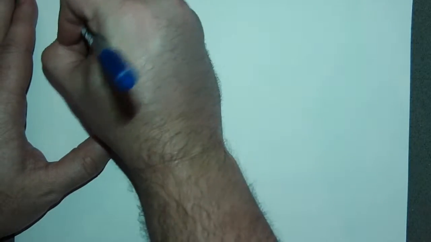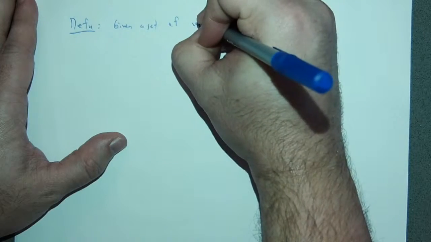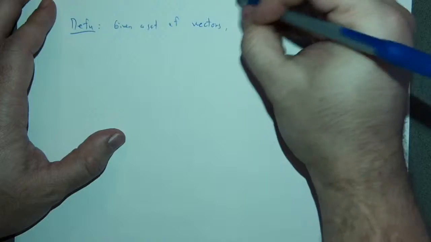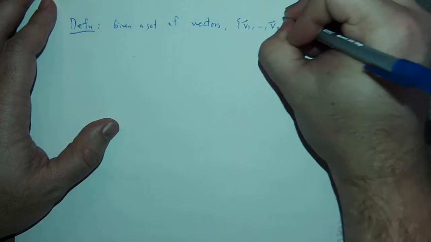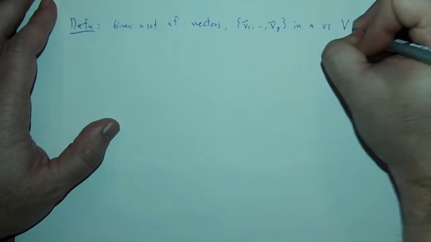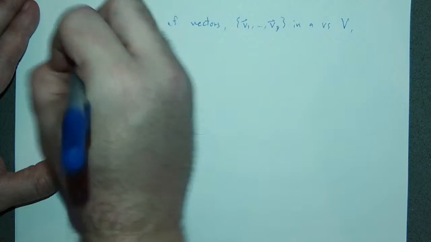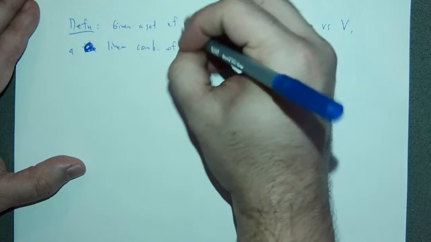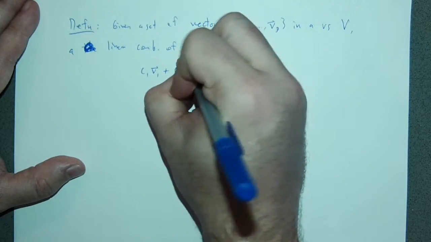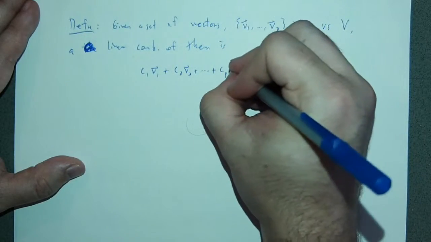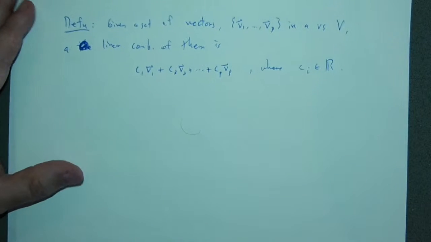So, continue here. Definition: given a set of vectors v1 to vp in a vector space V, a linear combination of those is exactly what it was before, c1 v1 + c2 v2, and so on, all the way up to cp vp, where the ci's are all real numbers, all scalars.